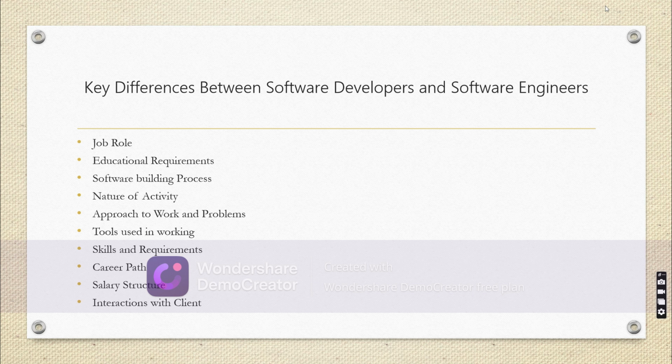Let's discuss what skills are required for a software developer. Basically, a software developer is a subset of a software engineer. A software developer must be proficient in programming languages like Java, Python, C++, etc. Their code should be easily maintained and bug-free.